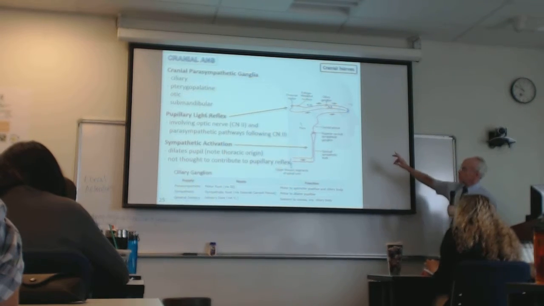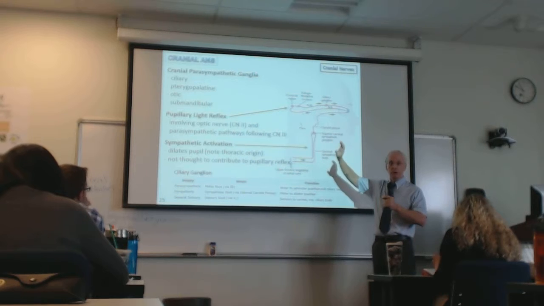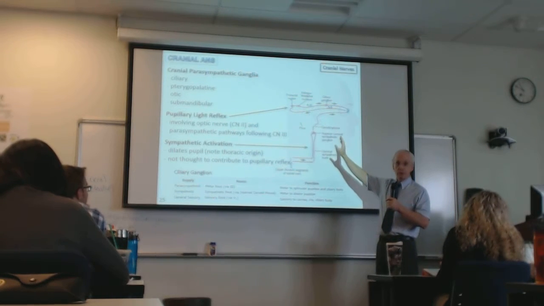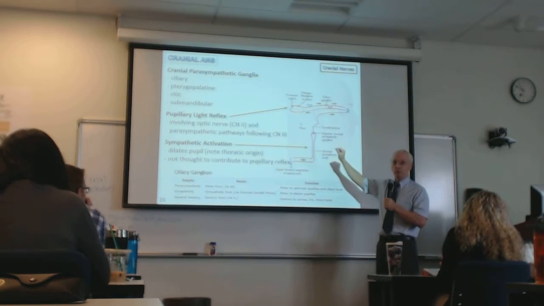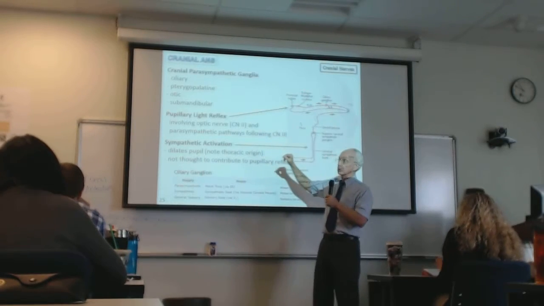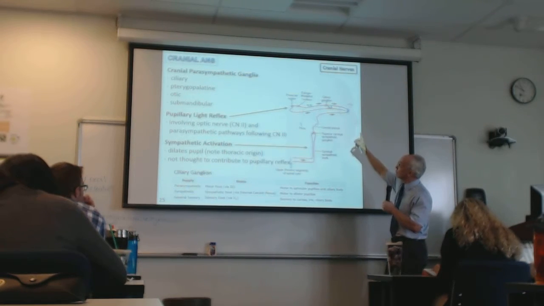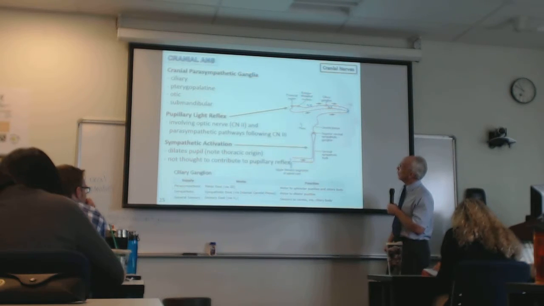I just throw this little pupillary light reflex in here because most textbooks describe this as being dual innervation from the sympathetic and parasympathetic. I think it's important for you as a PA to know that it's almost entirely parasympathetic. And so I have the pathway, both the somatic components and the parasympathetic components included there.